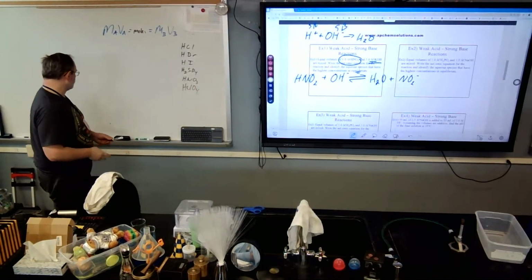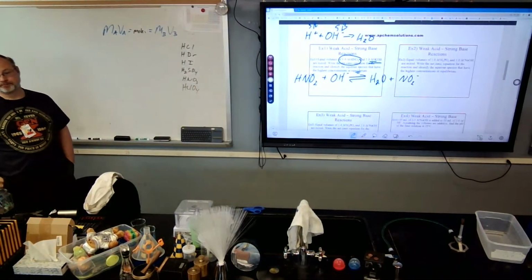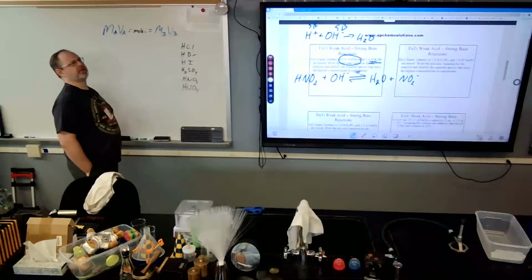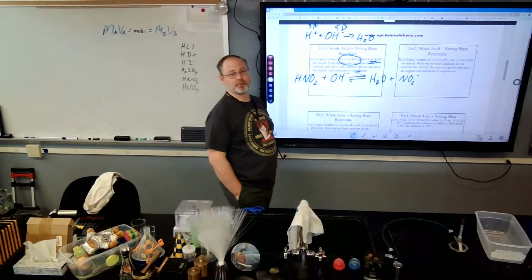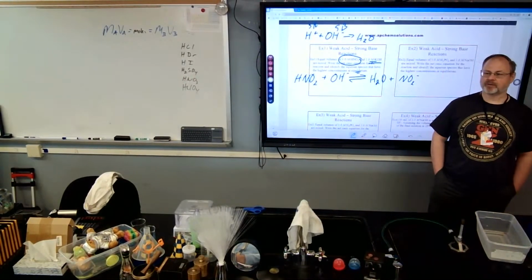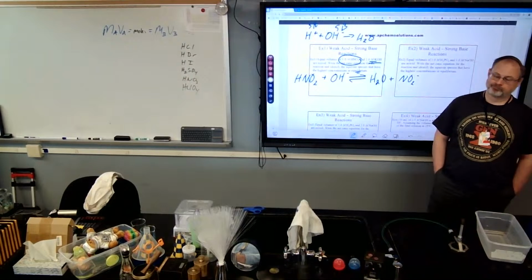So those are 6 strong acids you need to memorize. In May, just sit down and write those down on your test. One of the few things I need to memorize is there are 6 strong acids.